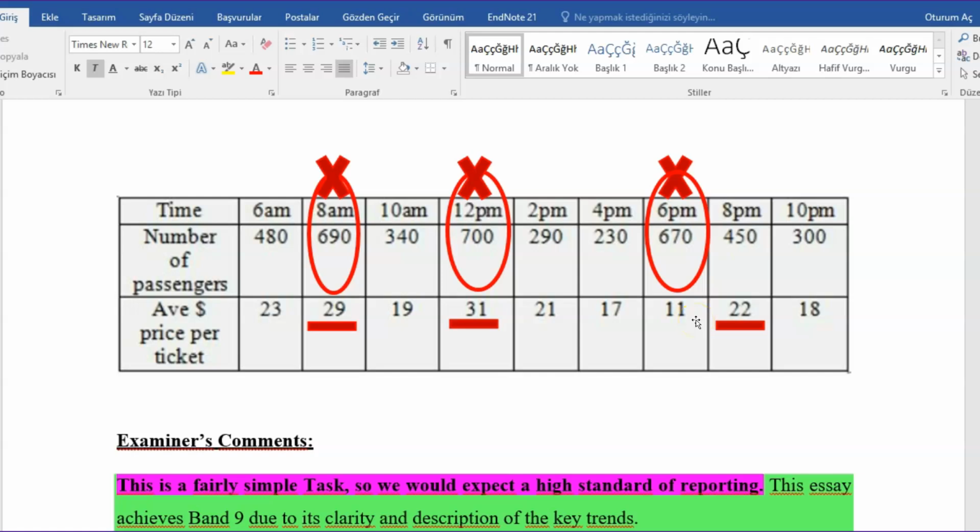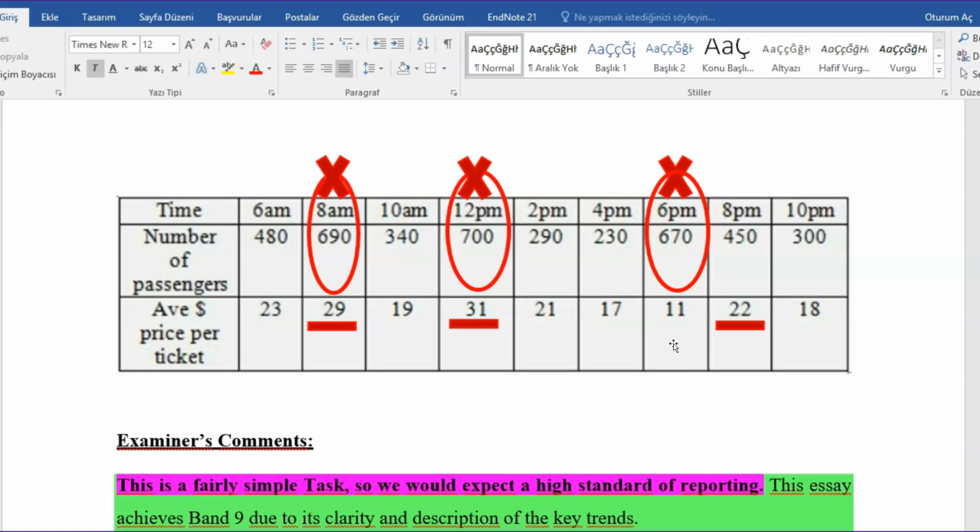So now we know what our trends are and what our exception is.